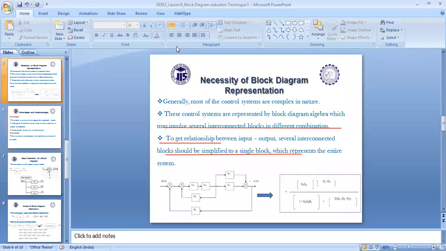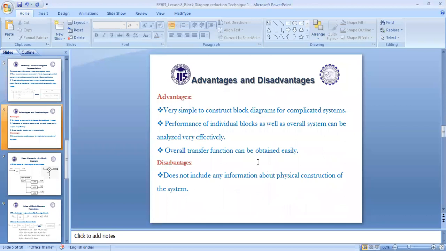This is the overall transfer function of the system. This overall transfer function can easily be obtained by using the block diagram reduction technique from the complex, several connected blocks. So these are the advantages of the block diagram reduction technique.